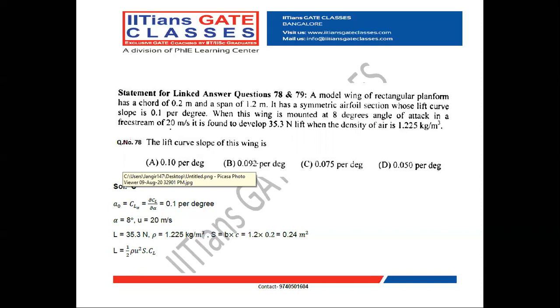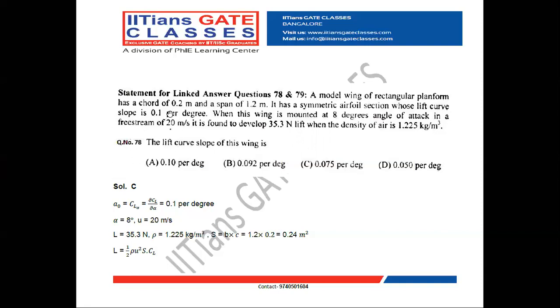When the wing is mounted at 5 degrees angle of attack in a free stream of 20 meter per second, it is found to develop 35.3 Newton lift, when the density of the air is 1.225 kilogram per meter cube.